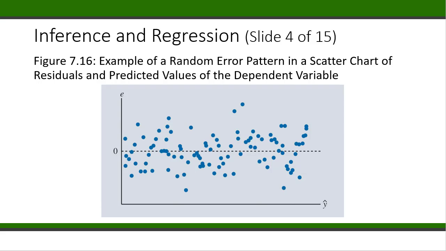So what they're saying is you should review the scatter chart for patterns in the residuals, and then from there you can see if one or more of those conditions have been violated. What you're really looking for then is that the residuals are scattered around 0 throughout your predicted values of your independent variables. So this looks fairly random.